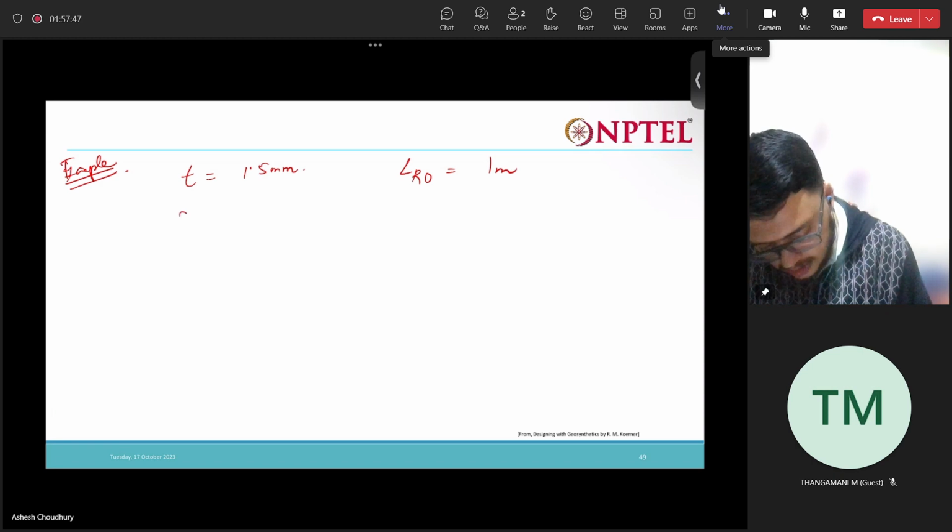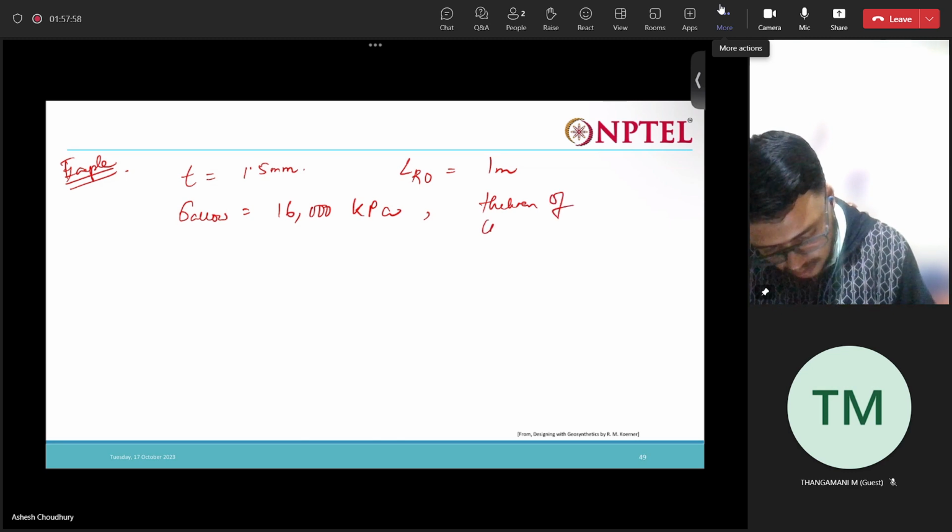Allowable stress is 16,000 kPa. Cover soil thickness same as before, 300 mm.